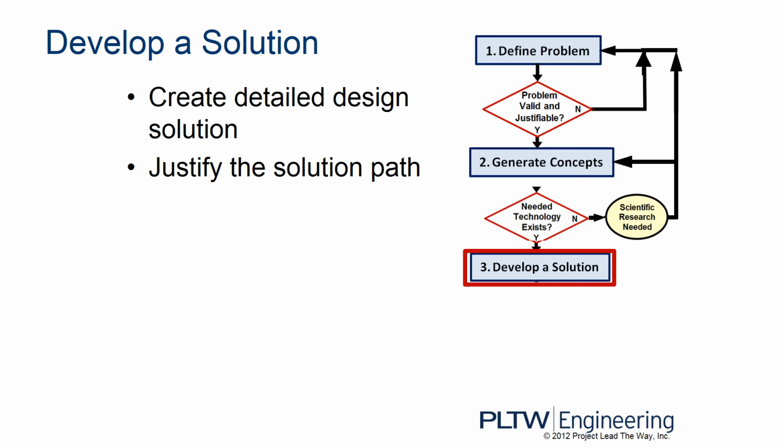Because if you've chosen here in step 2 a very, very expensive solution, then it may not make very much sense based upon how much sales you're going to have to continue on with the project. So you have to develop a solution. This ultimately all leads into technical drawings.